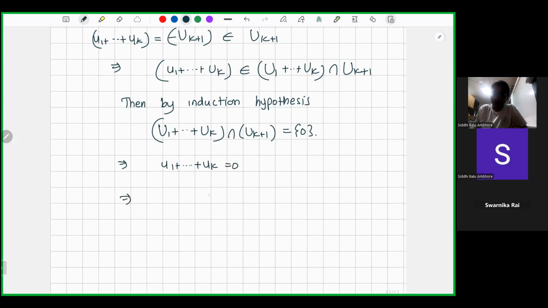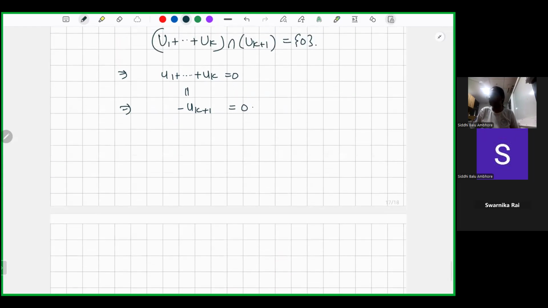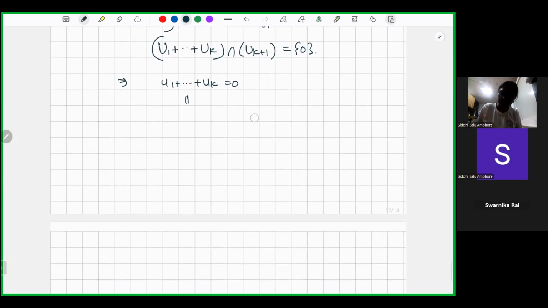And this is minus uk plus 1, so this implies that uk plus 1 is also 0, because this is equal to this. That is okay.